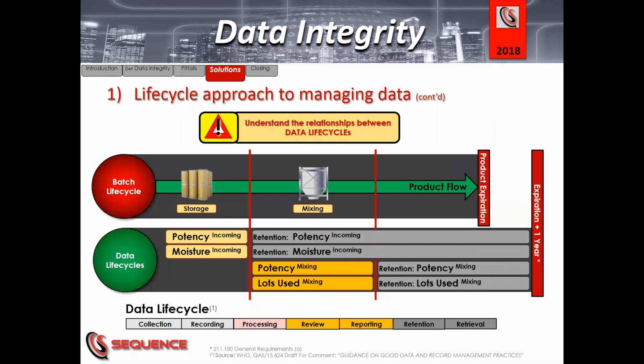Another thing to consider is that data from earlier processes may go through stages at different times. You always start with the collection and recording stage, you may do the processing stage later, and you may review your raw data. I think that's one of the things that has made it difficult for people to adopt the data lifecycle, because the various things that can happen to data don't always happen in the same order.